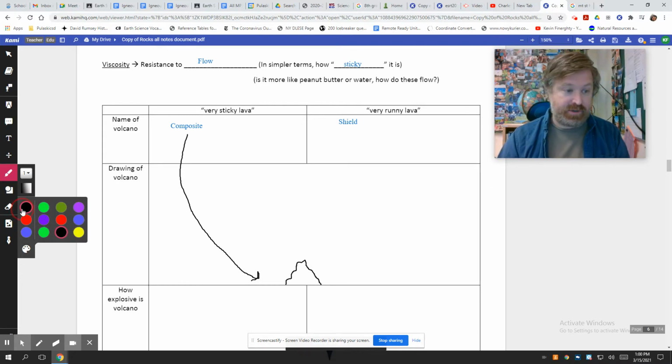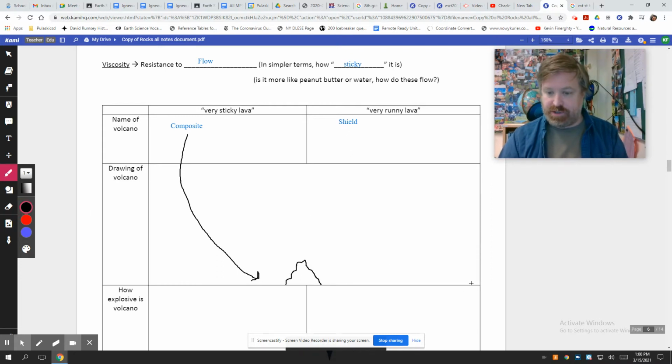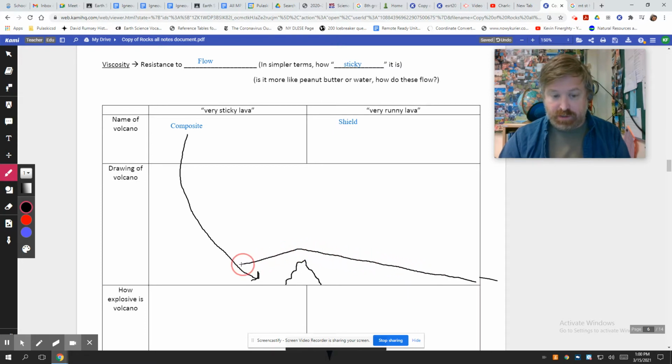Shield volcanoes are ridiculously large. And what they're going to look like, since the lava is more runny, when it comes out, it flows down gentle slopes more easily. So what we end up with is really broad, much flatter volcanoes that absolutely dwarf Mount St. Helens ones. This one should honestly most likely be a little bit smaller even.